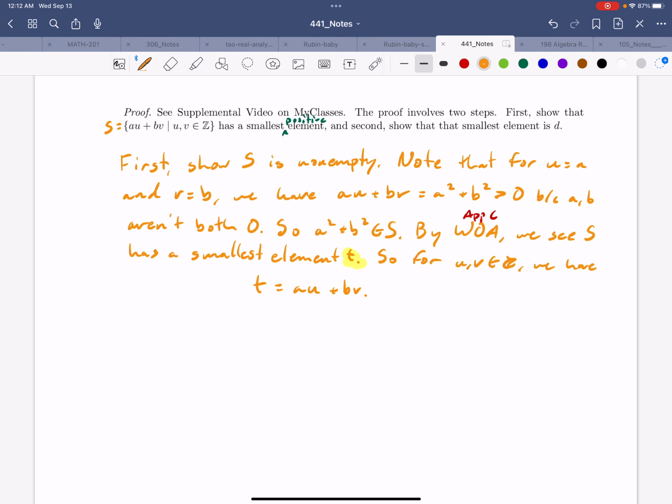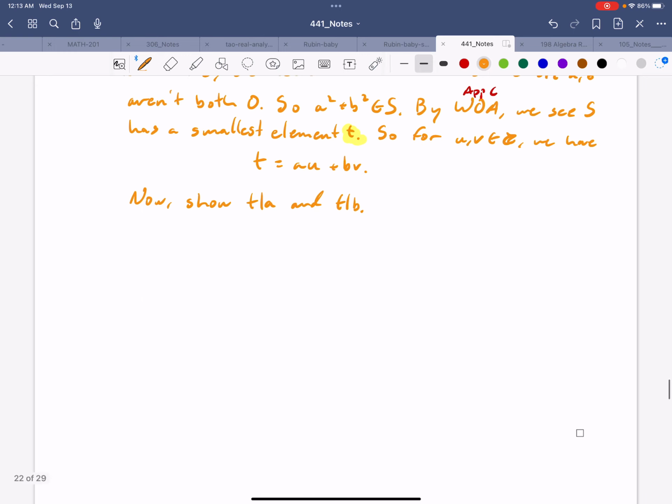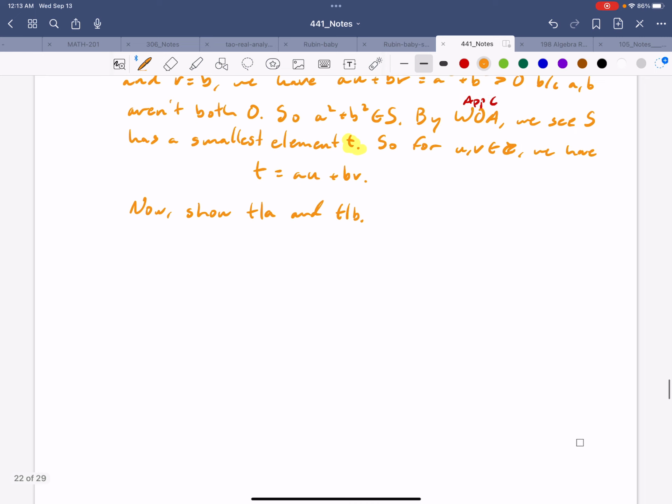So now we're going to show that t is the GCD of a and b. First, we're going to show that t divides a and t divides b. The way we're going to do that is by showing that t divides a. It's going to be a little bit drawn out, but then we'll just say symmetrically t divides b. It's the same thing.